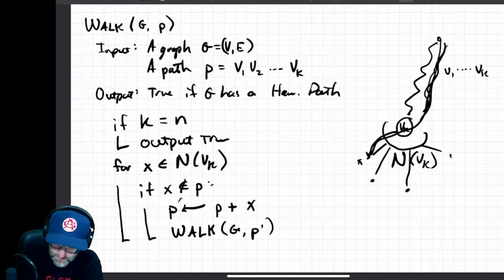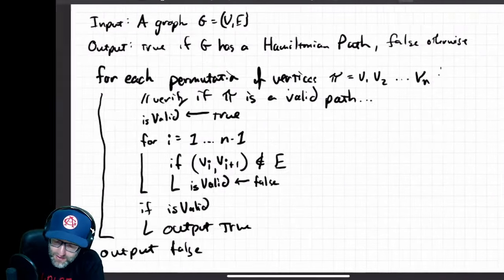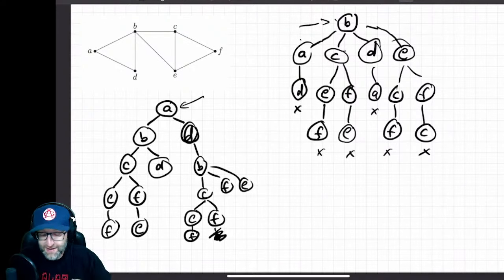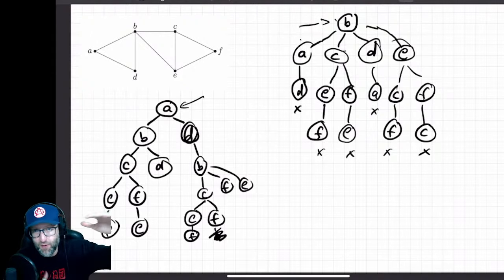And that's it. What about the false case? Well, this is a subroutine. This is the walk subroutine. What I need to do now is create another algorithm that uses that as a subroutine. Basically, this is why you write functions in code, so that you can reuse them and you don't have to put everything in one big giant function, everything in the main or something like that.